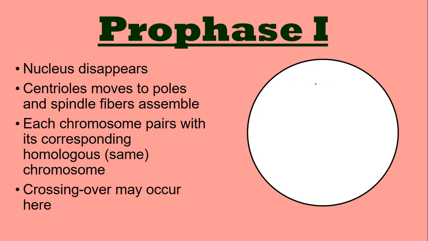During prophase 1, the nuclear membrane or the nucleus is going to disappear. The centrioles are going to move to the poles, and spindle fibers start to form. Then each chromosome pairs with its corresponding homologous pair.